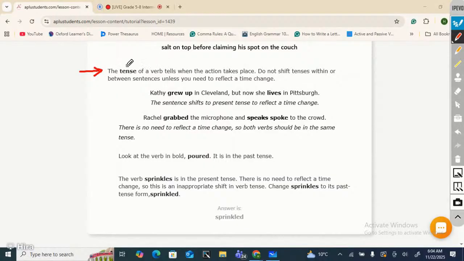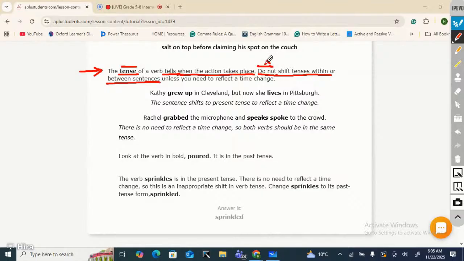Let's begin. The tense of a verb tells when the action takes place. Do not shift tenses within or between sentences. Remember this.